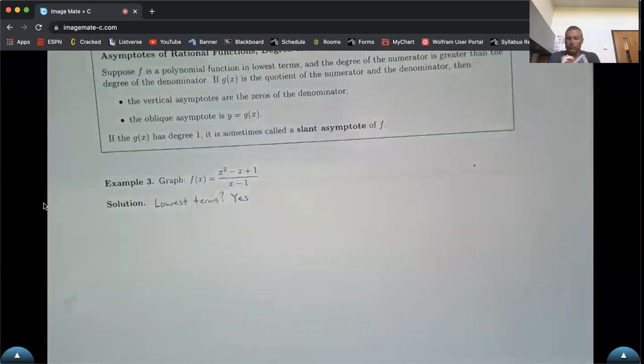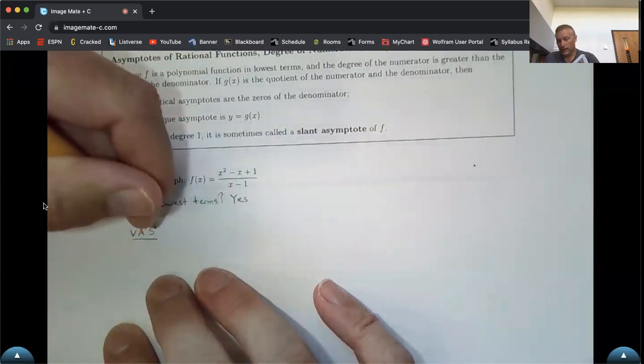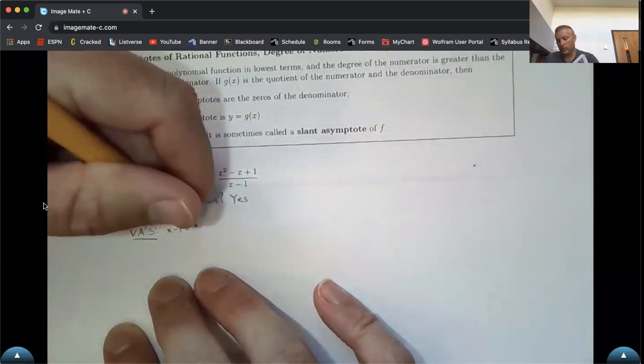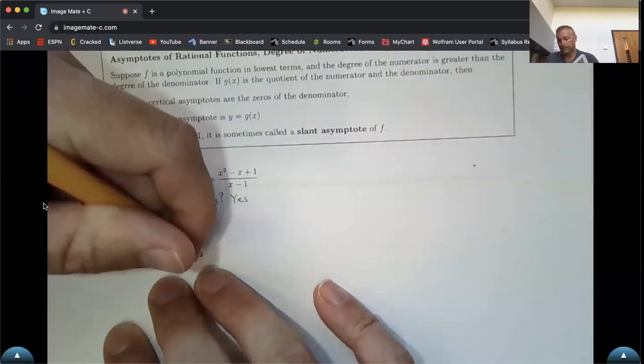I can't think of anything I could multiply by x minus 1 to get x squared minus x plus 1. So since it's in lowest terms, we can go and find the asymptotes first. For vertical asymptotes, we put x minus 1 equal to 0, and so x equals 1.